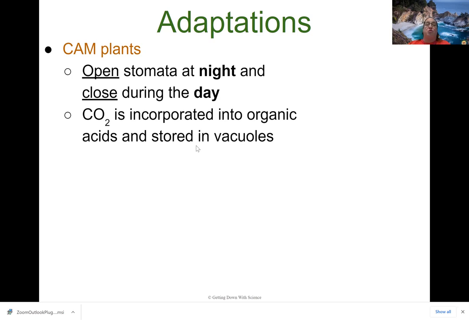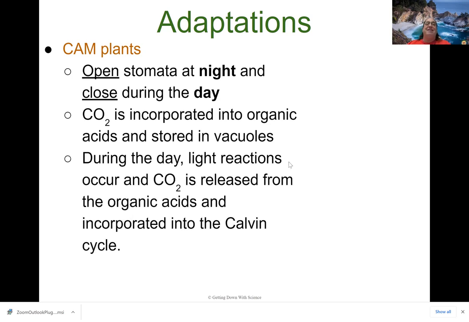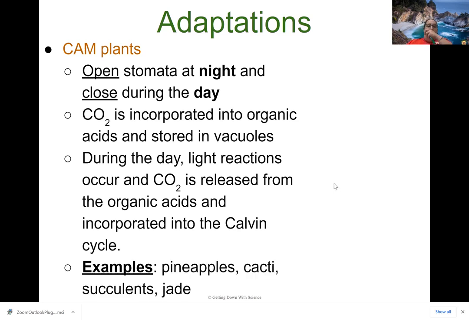So it actually stores the carbon dioxide in the vacuole during the night when it has the stomata open. And then during the day, it's able to use the carbon dioxide that was stored in the vacuole for the Calvin cycle. Pineapples, cacti, succulents, jade, these are just some examples of what we consider CAM plants.